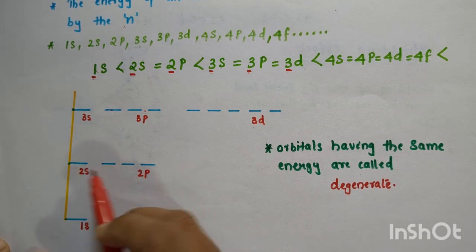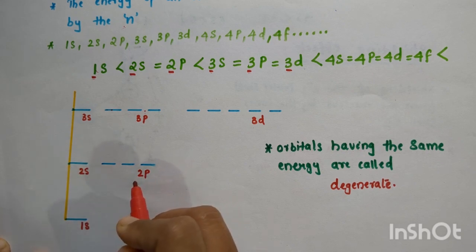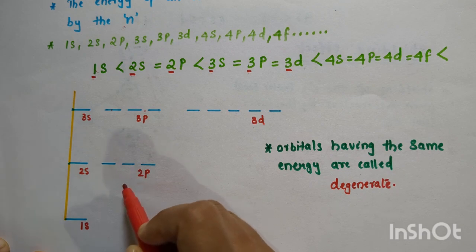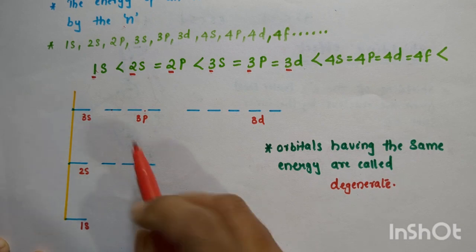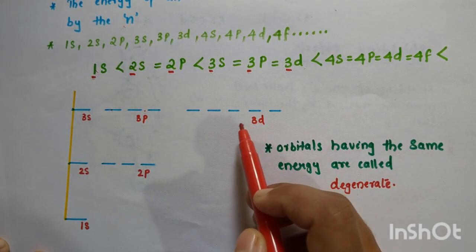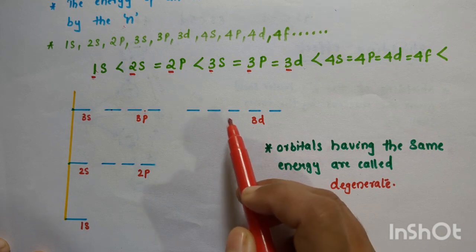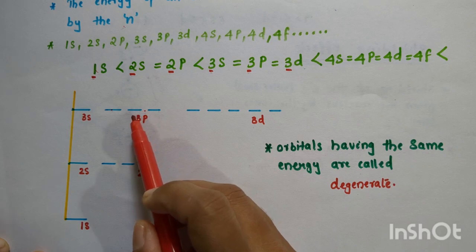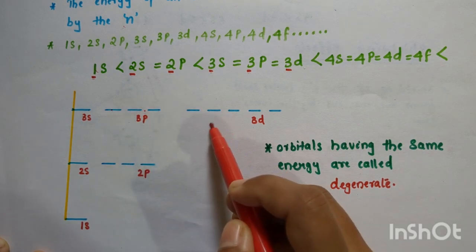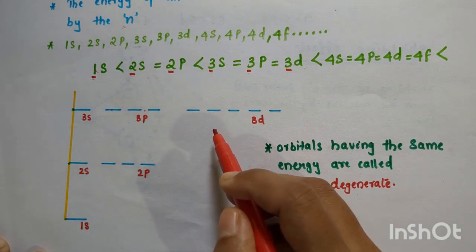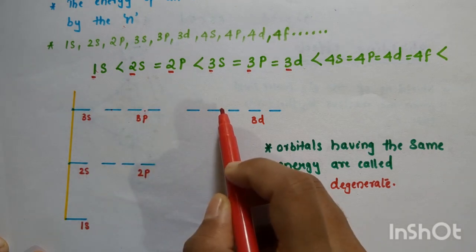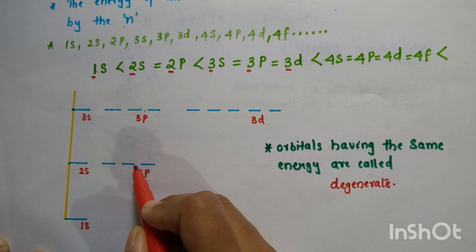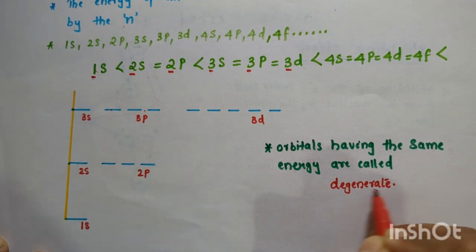Similarly, the shapes of 3s, 3p and 3d are different, but an electron in the 3s orbital, the 3p orbital or the 3d orbital has the same energy. So, the orbitals having the same energy are called degenerate.